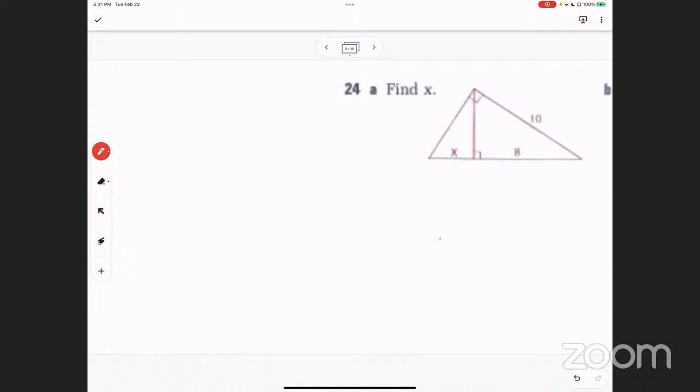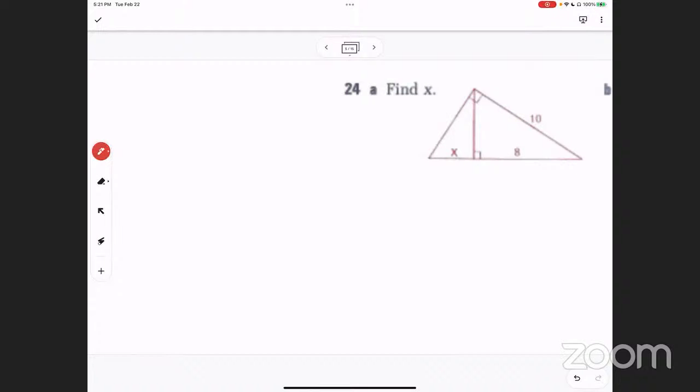Okay. So tell me what the equation is going to be. So you're looking for that. So the equation would be F is the geometric mean of A and B. Remember, this is the geometric mean of the full side and the piece closer to it.